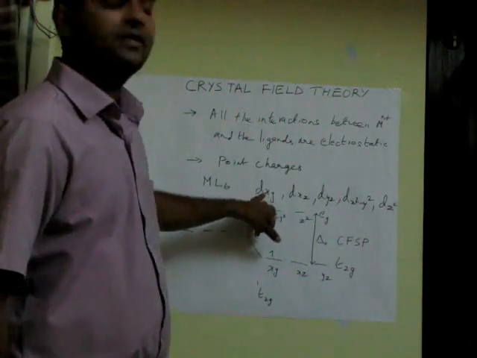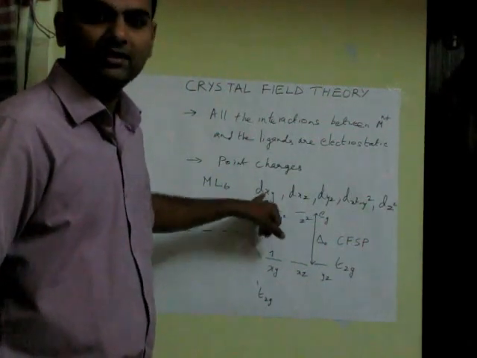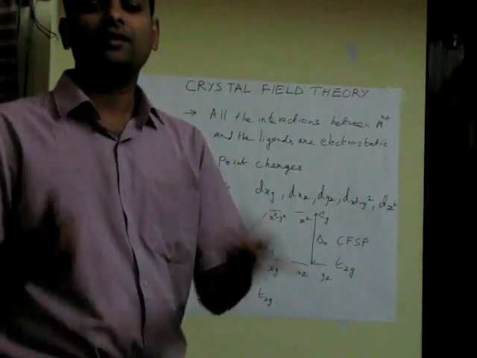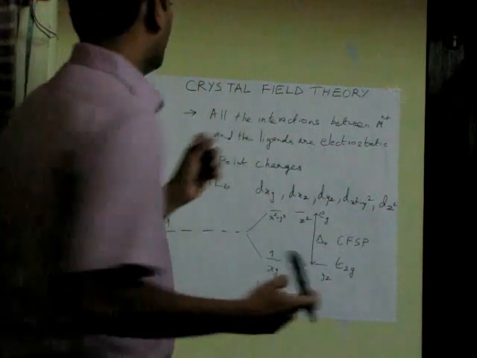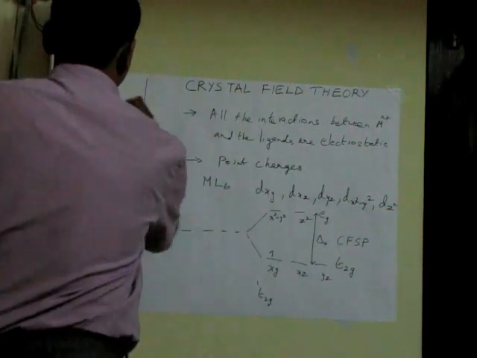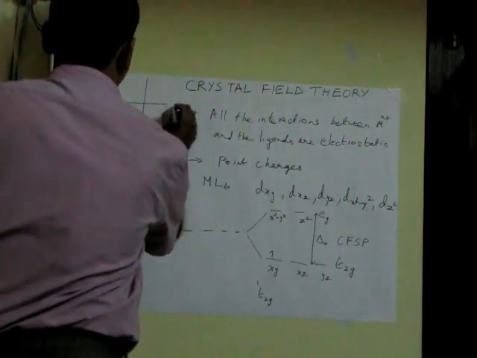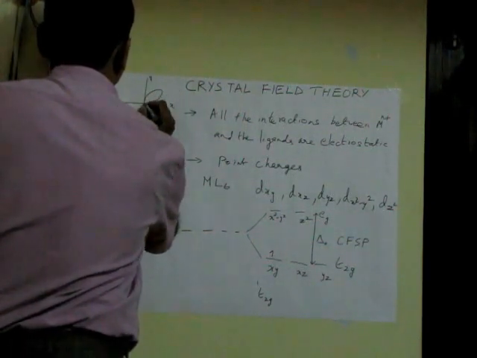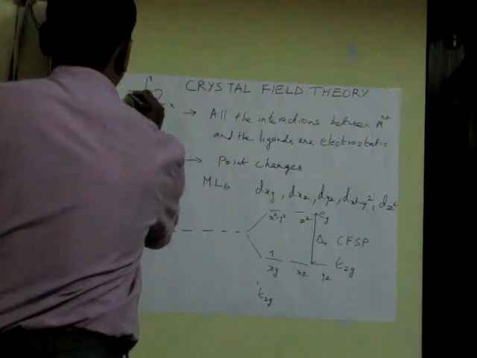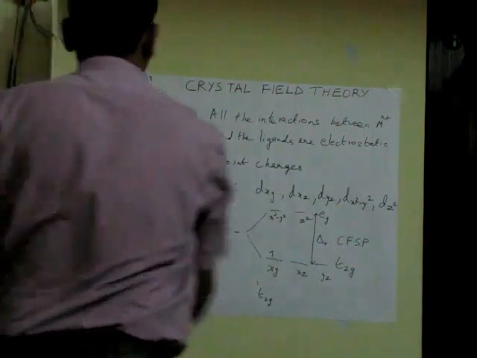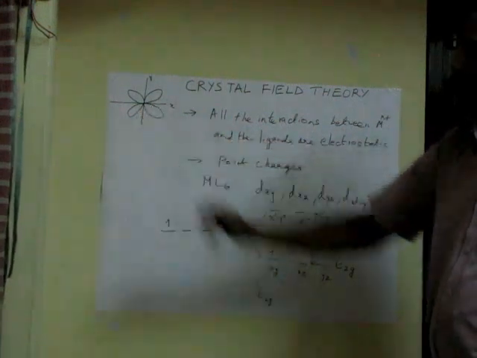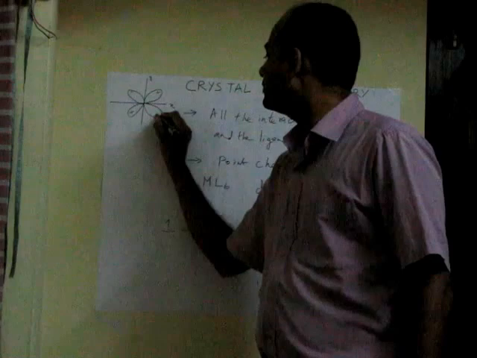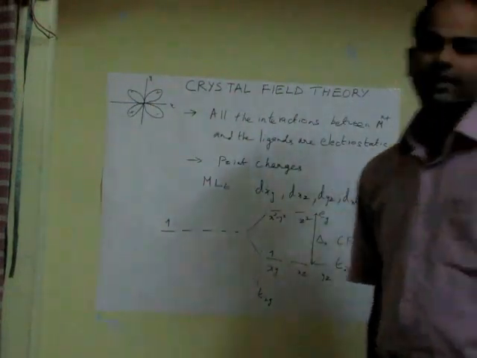That is, a dxy orbital has lobes distributed in between the x and y axis. So it can be represented like, if this is the y axis and this is the x axis, the orbital lobes are distributed in this fashion. Of course, the lobes should carry the parity. So this is how they are.